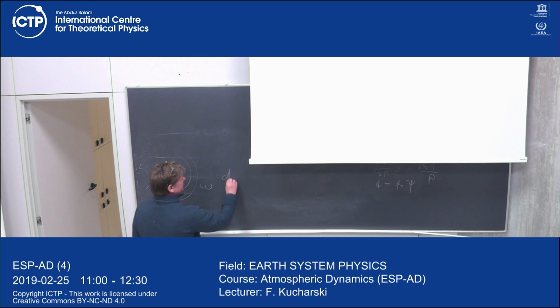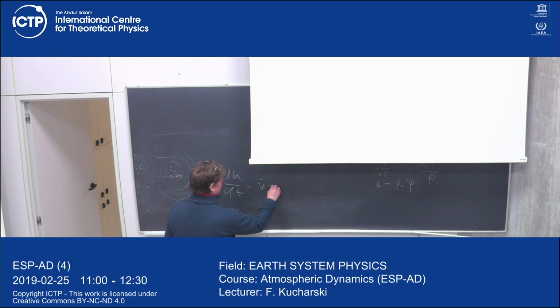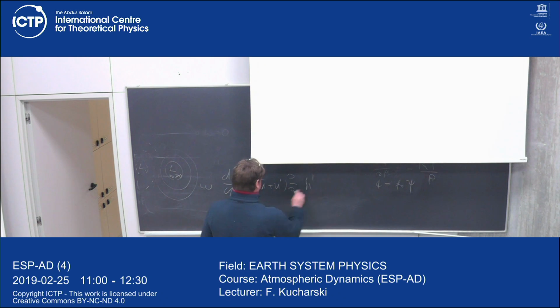So if we linearize the total derivative, it would be U bar plus U prime d by dx, in this case only h prime, plus the v bar plus v prime d by dy h prime plus dh prime by dt.